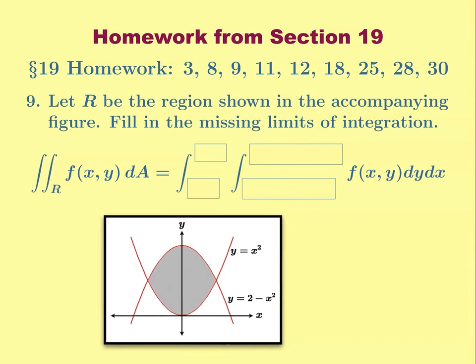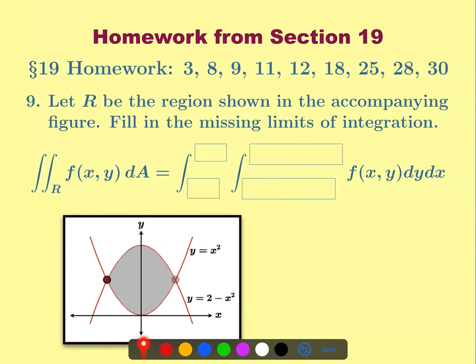The first thing we're going to do is try to figure out what the 2 points are here and here. That'll give us a little bit more information about this picture. We figure out what these 2 points are by setting x squared equal to 2 minus x squared. Then we get that 2x squared equals 2.